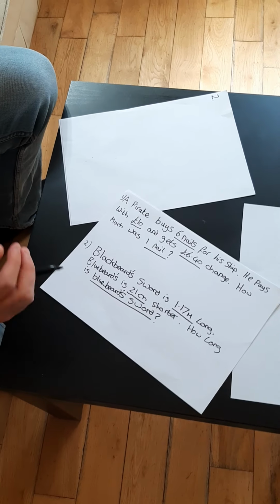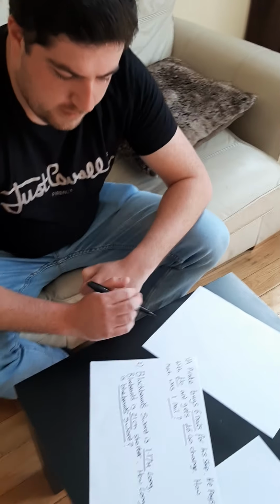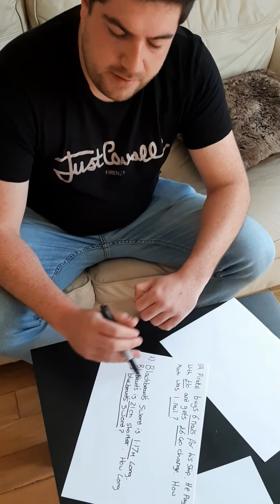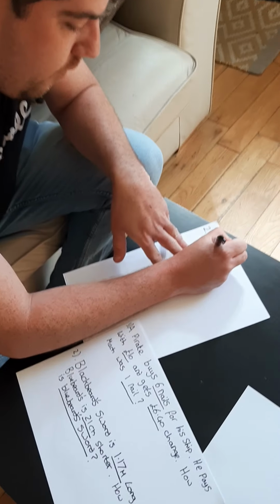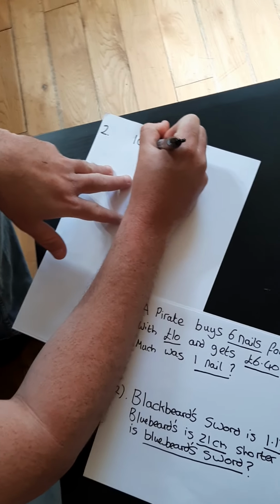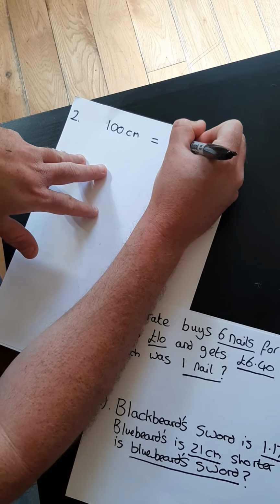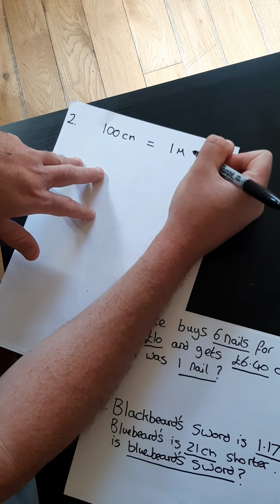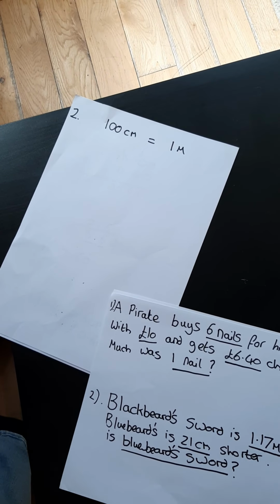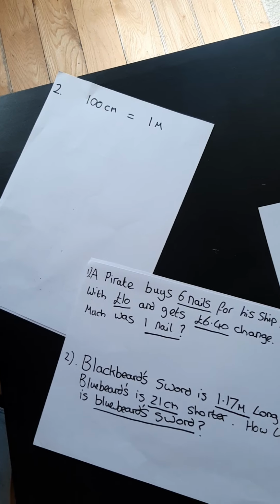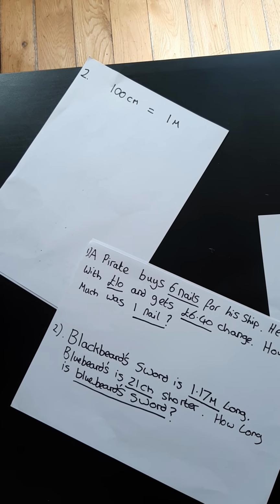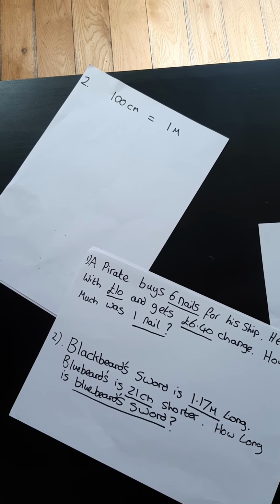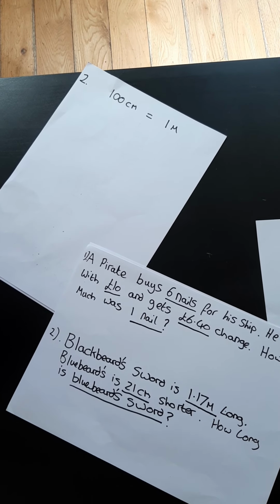Now, the first thing that I get a bit confused on is they're in different measurements. One's in metres, one's in centimetres. We know that 100 centimetres is equivalent to 1 metre. So the easiest thing to do would be to convert Blackbeard's sword into centimetres, so they're both the same.